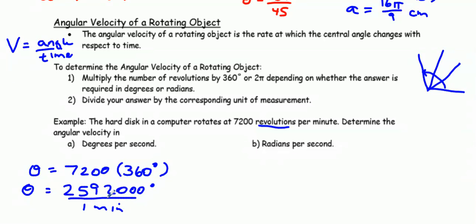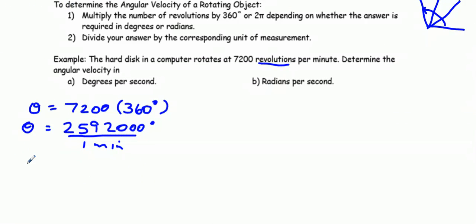But we want to know the degrees per second. So we're going to say theta. Not theta, sorry. That's theta. This is the velocity in degrees per minute, and the velocity is going to be 2,592,000 divided by 60 seconds, and you're going to get the velocity is 43,200 degrees per second.